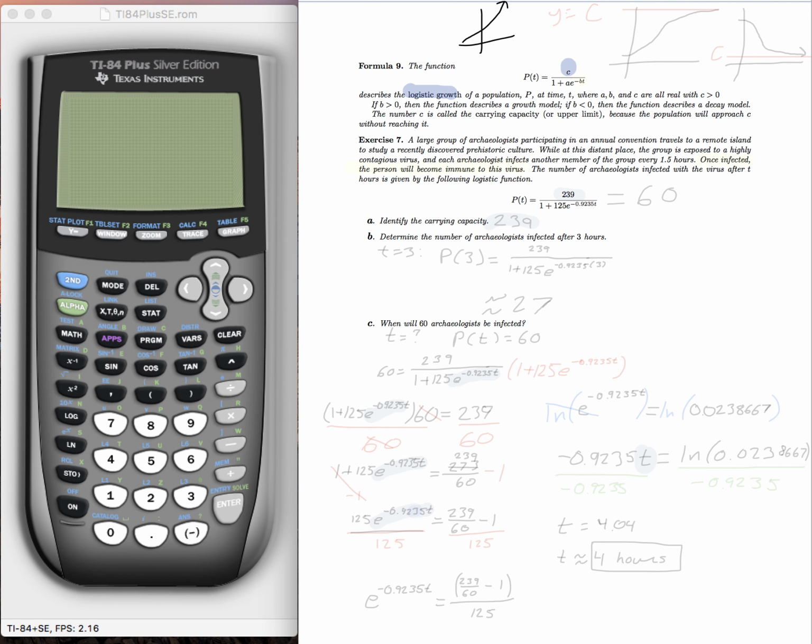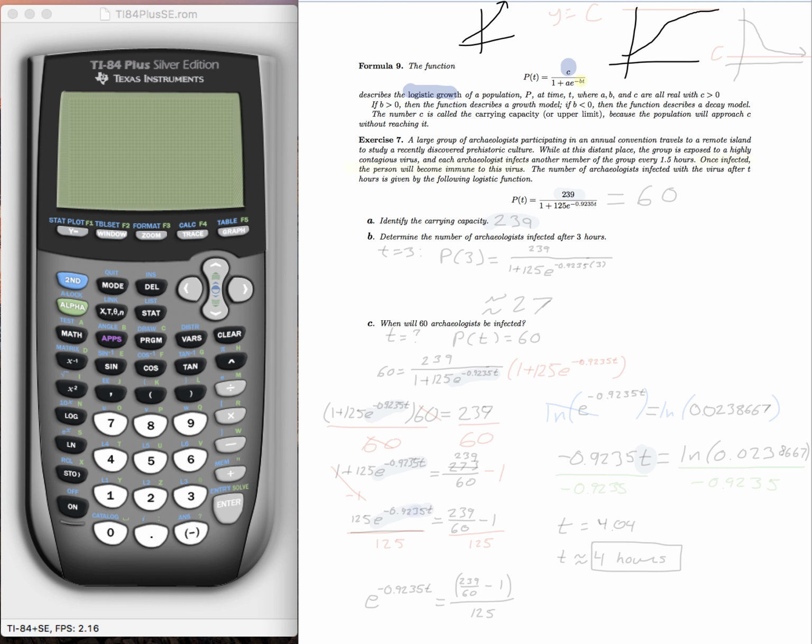If b, the quantity here in the exponent, is positive, then we say that this is a growth model, and our curve will do something like this. So it grows and then kind of settles down.